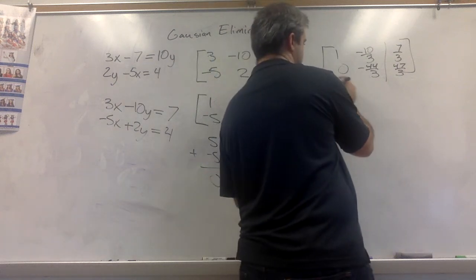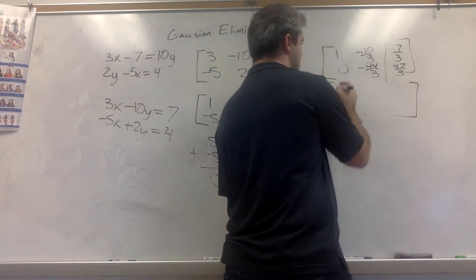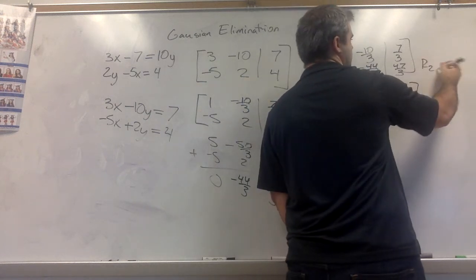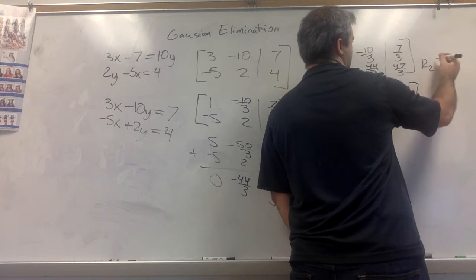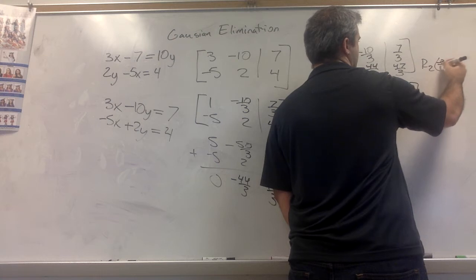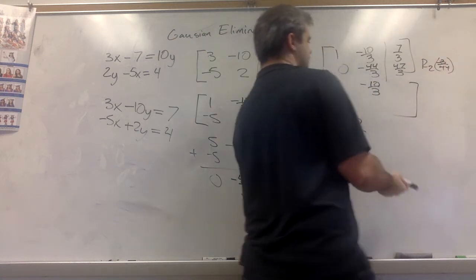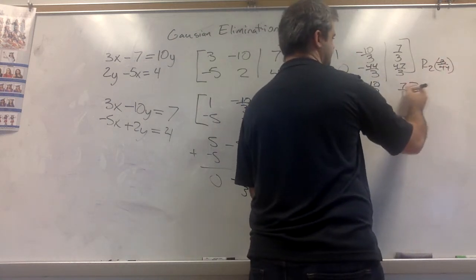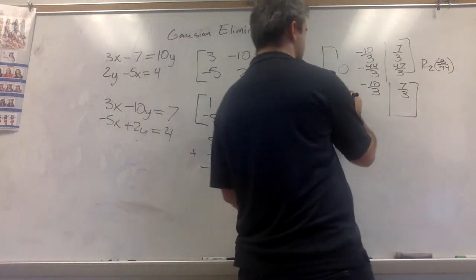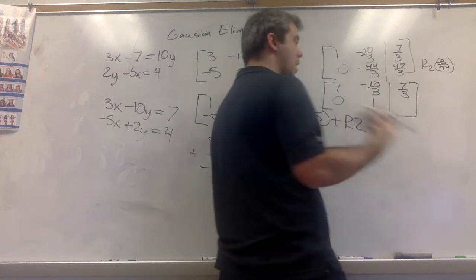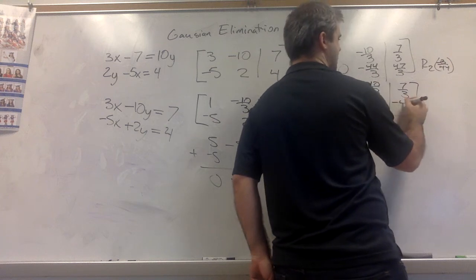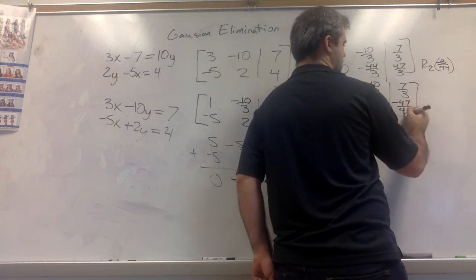Technically it's negative reciprocal, but I'm going to multiply row 2 by negative 3 over 44. Or no, I am just multiplying it by its reciprocal. So this becomes 1, and the 3's cancel out here. I get negative 47 over 44.